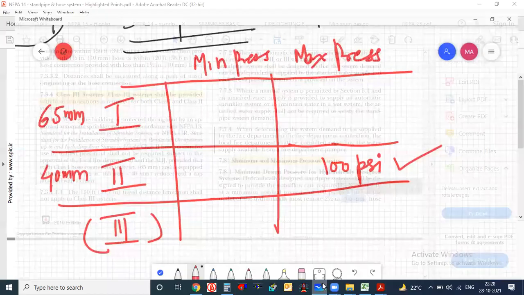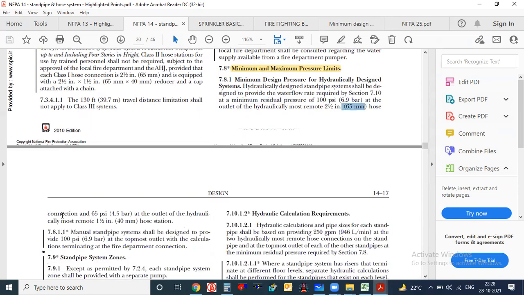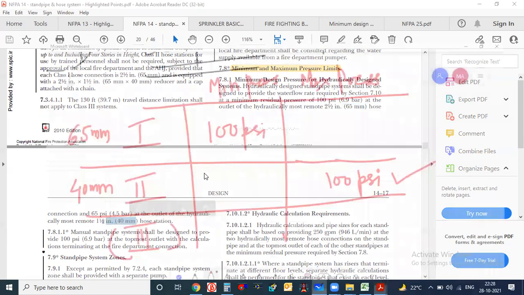As per this point, this is the minimum pressure. And 65 psi at the outlet of the hydraulically most remote 40 mm. 65 psi is the minimum for 40 mm.